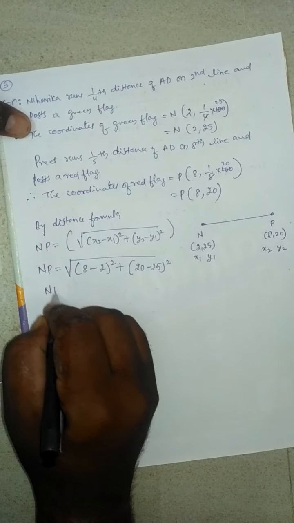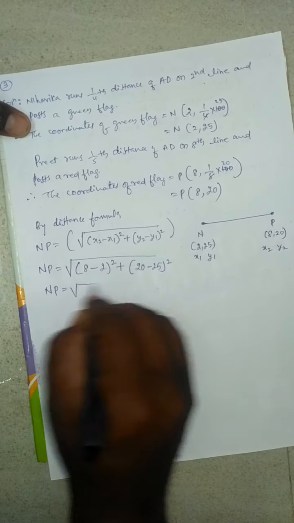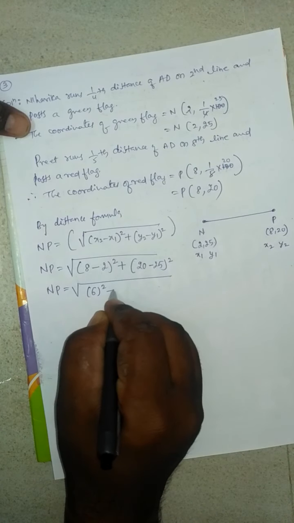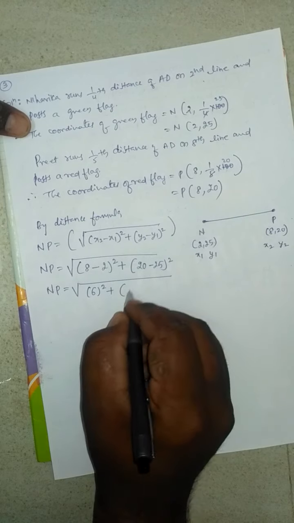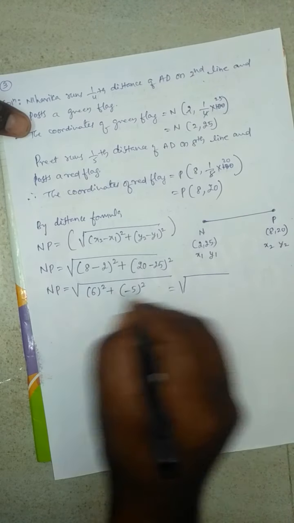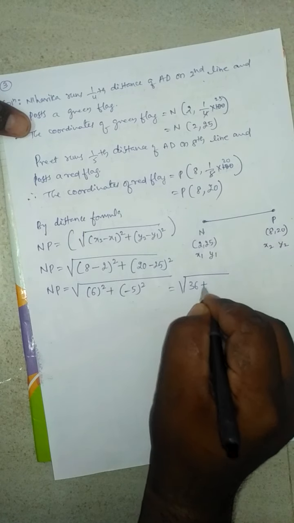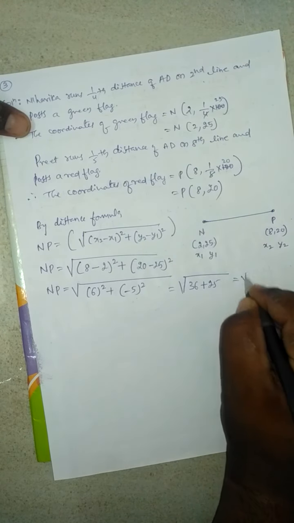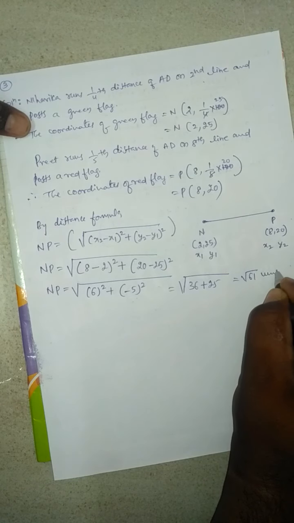So NP, that is equal to under root 8 minus 2, that is 6 square plus 20 minus 25 is minus 5 square. This is equal to under root 6 square is 36 plus minus 5 square is 25. This is root 61 units.